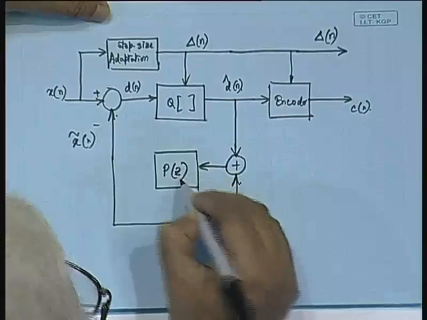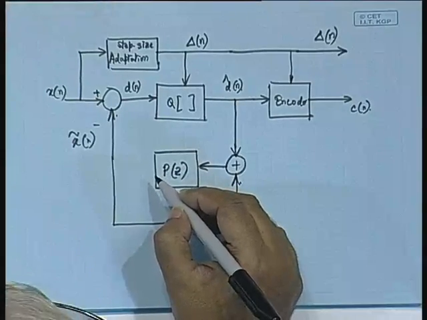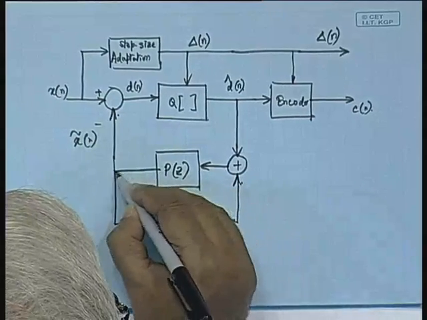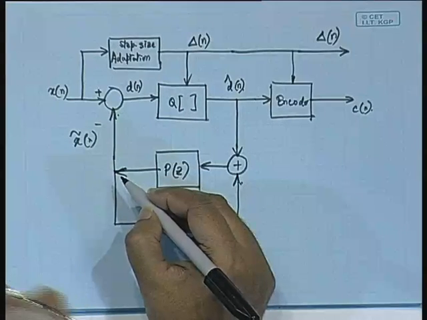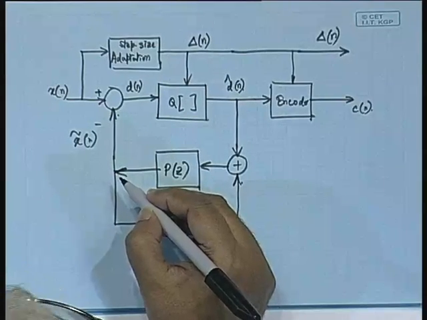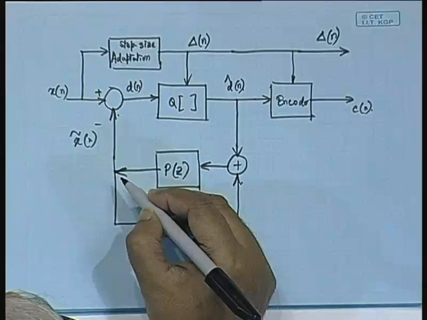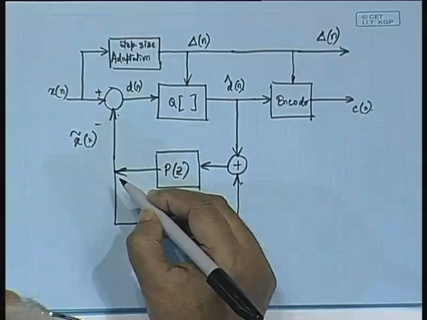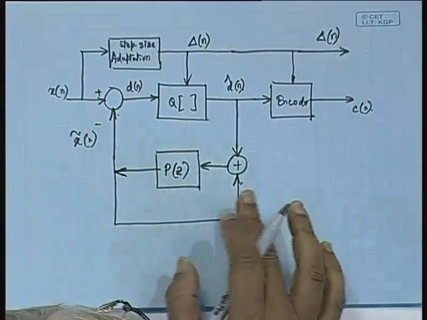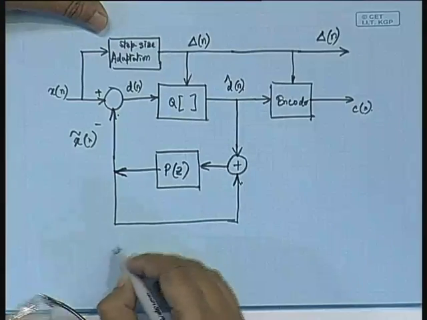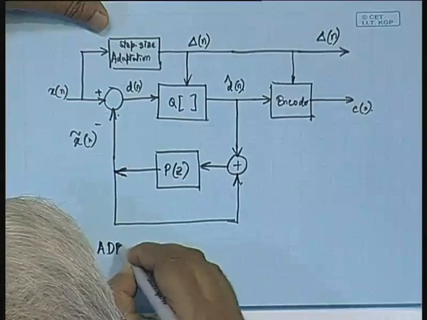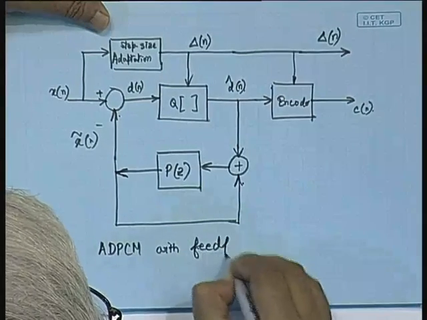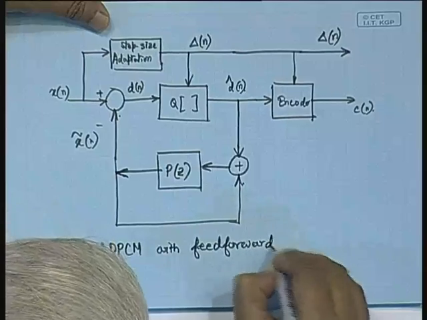Let us write it as P of z, because we can implement this P of z either as a first order predictor, or as a higher order predictor, or as I told in the title of this lecture, we could also have it as an adaptive predictor. Okay. But anyway, this is going to be the block diagram. So, this is a DPCM with feed forward step size adaptation.